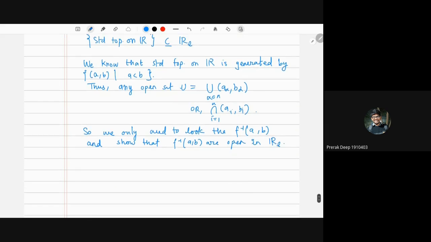Since we are working with the identity map, f of x is x, so we get the pre-image of this open interval to be the open interval itself.